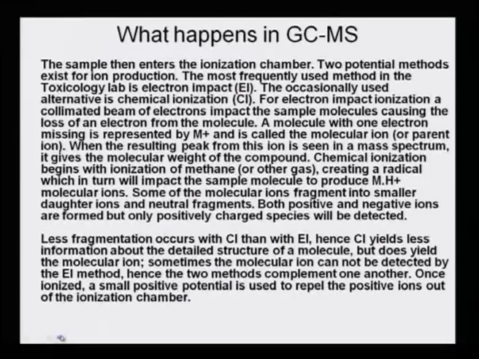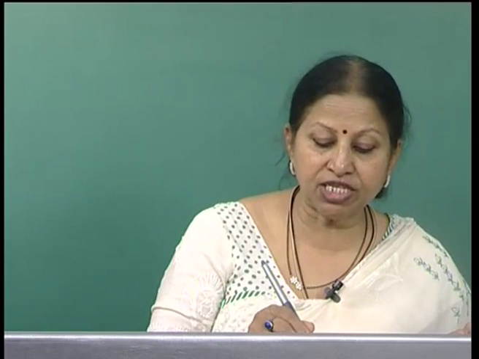Once ionized, a small positive potential is used to repel the positive ion out of the ionization chamber. So, there needs to be a driving force for these ions to traverse from the ionization chamber to the outside. So, let us now look at the working of GCMS.